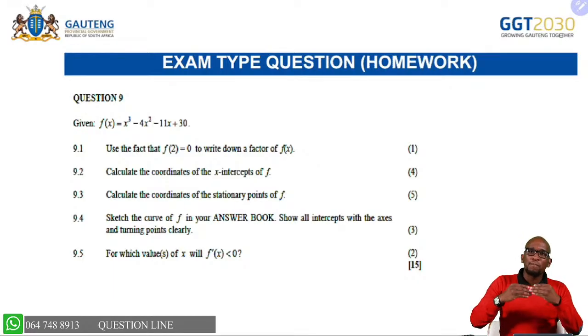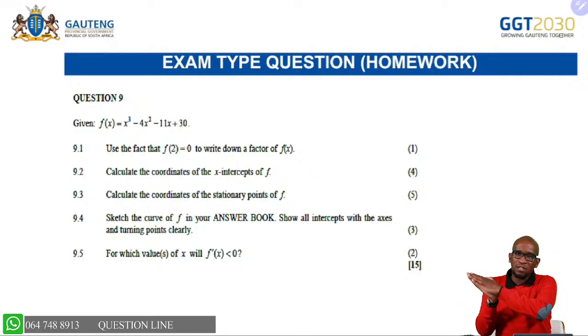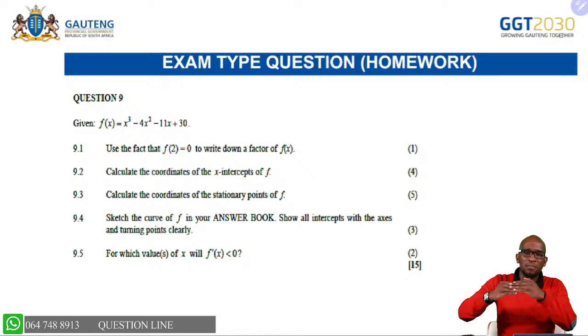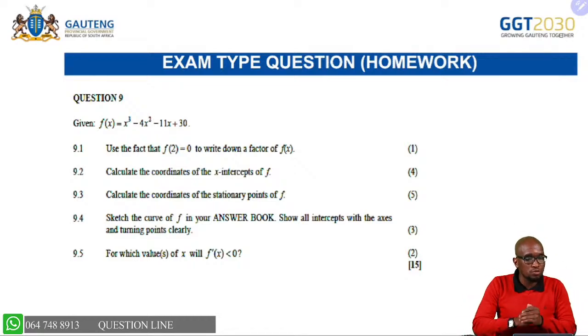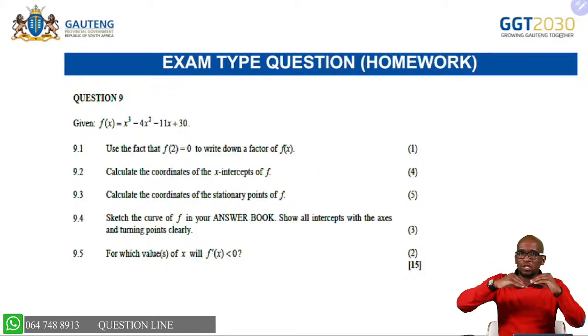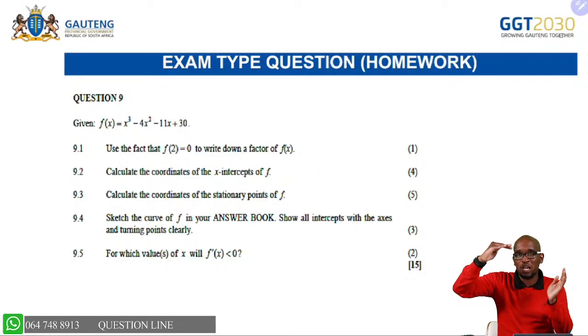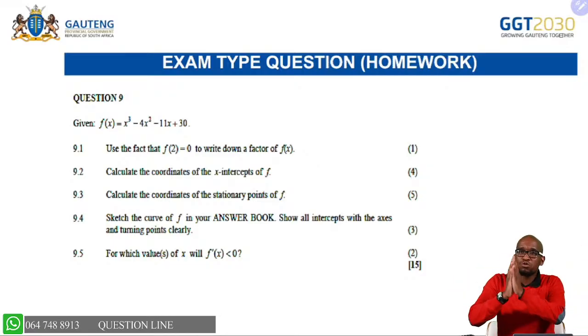Remember, I said it is important to note that we should always start with the stationary points because they directly give us the shape, unless the examiner has led you to questions that they want you to answer, like in this exam type question. But if they just gave you an equation and asked you to sketch, start with your stationary points. If you get 2 x values, then you know you're going to have 2 stationary points.